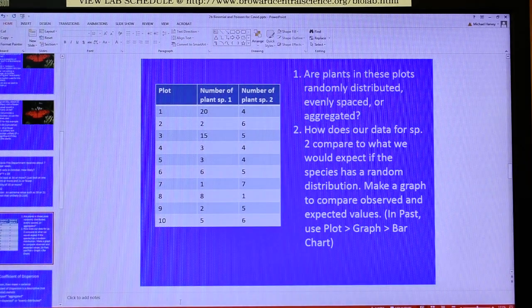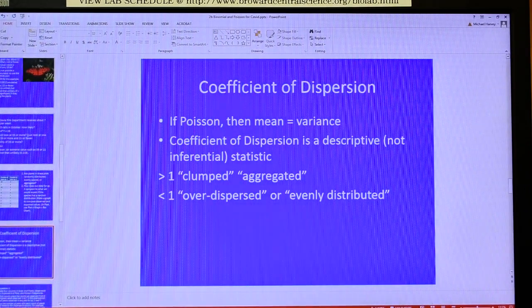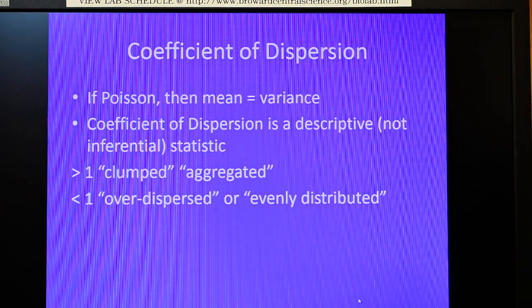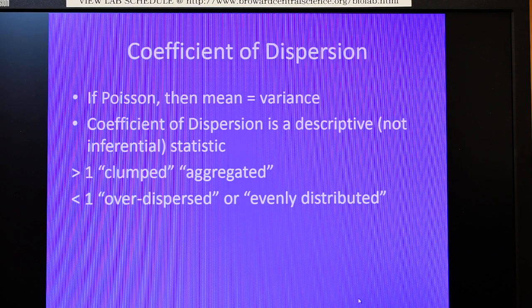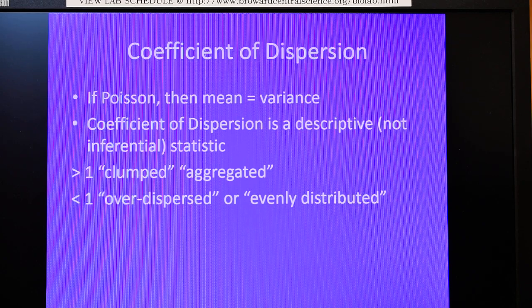So here we have a little slide talking about the coefficient of dispersion. One of the things about the Poisson distribution is that it is a model of randomness. So if some data follows a Poisson distribution, it is randomly distributed.